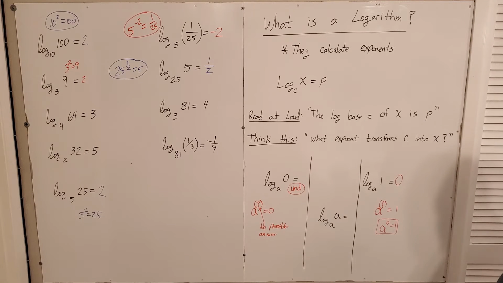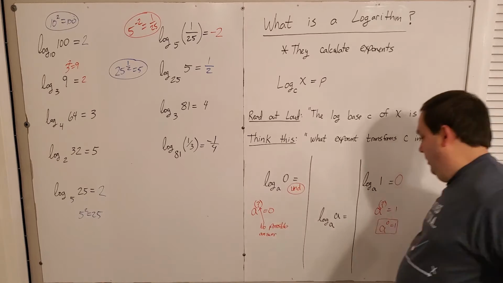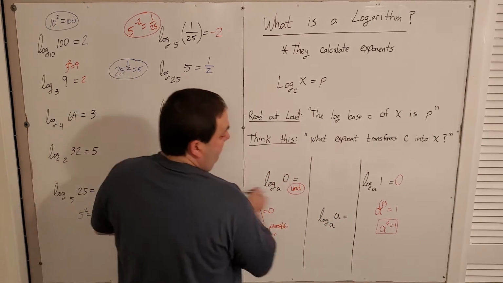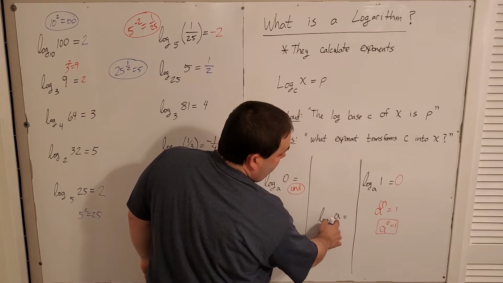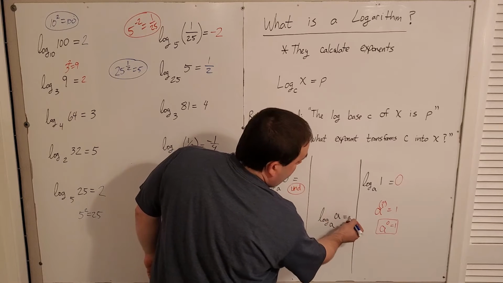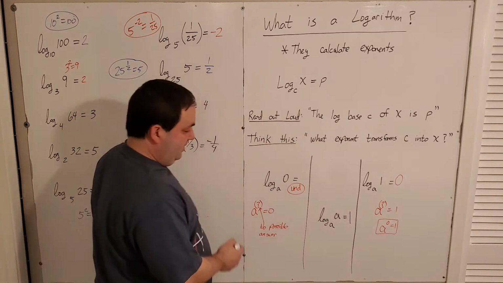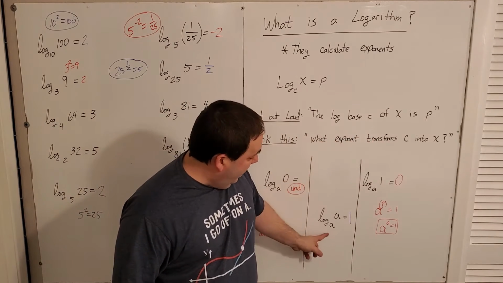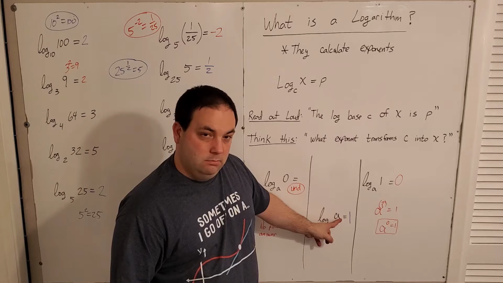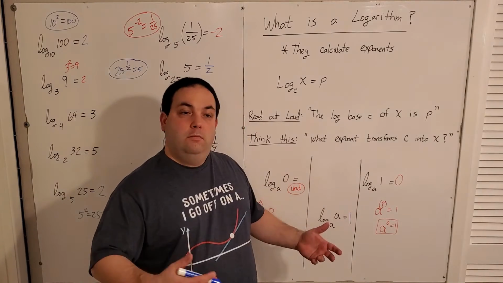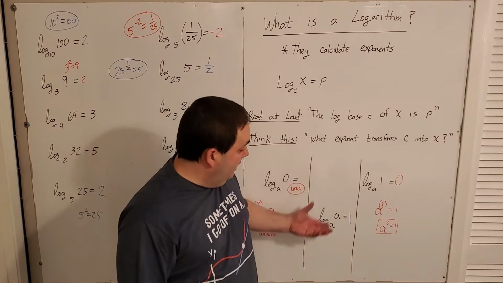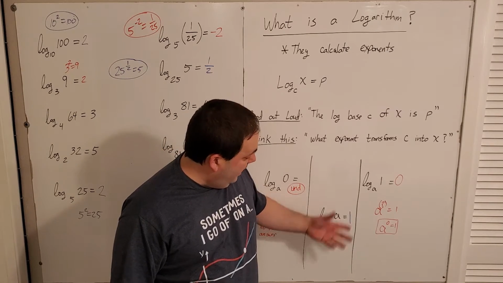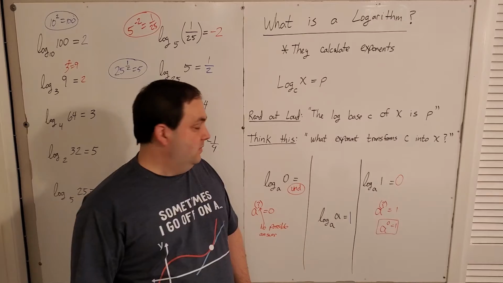Okay? And then last one here on this side, the log base a of a equals 1. Let's think about that for a second. I'm asking what exponent transforms a into a, right? Well, 1. Anything to the 1 power gives itself back. So what transforms a into a? That would be 1. Okay?